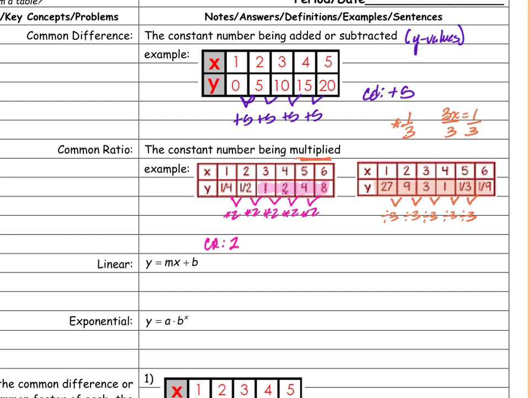I'm trying to find out where to write this out. Sorry, you guys. So I have 3x equals 1. If I multiply by 1/3, and I multiply by 1/3, guess what I get? 3x divided by 3 equals 1/3. I get the same thing. So dividing by a number, which is dividing by 3, is the same as multiplying by its reciprocal. So if I'm dividing by 3, I'm going to be multiplying by 1/3.